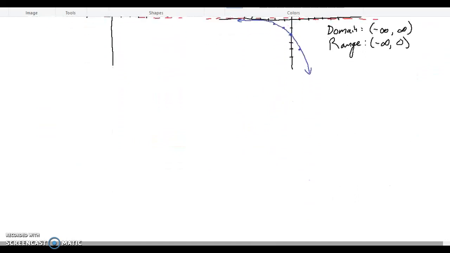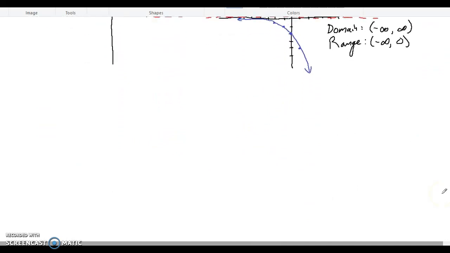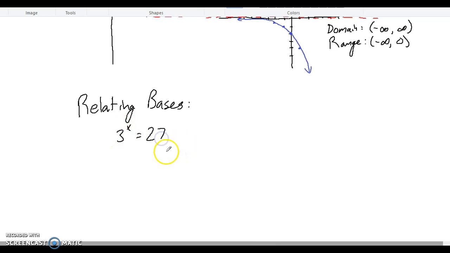One last thing I want to mention. Very short time left. We can solve some exponential equations at this point, and it's a method called relating bases. The simplest form will look something like this. 3 to the x equals 27.